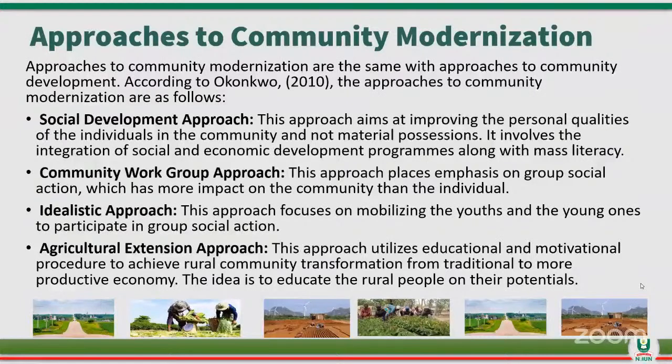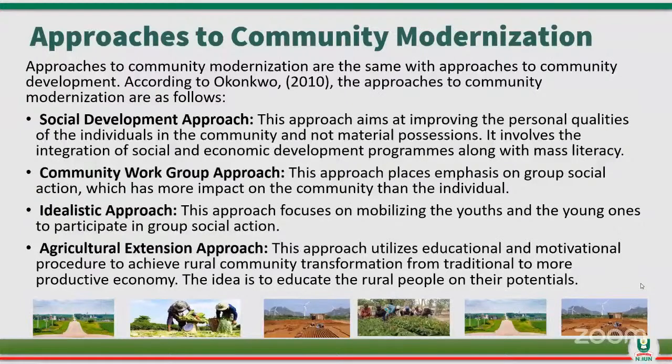This approach utilizes educational and motivational procedures to achieve rural development, a transformation from traditional to more productive economy. The idea is to educate the rural people on their potentials, on their capabilities to bring about transforming their community and modernizing it. So these are the four approaches.